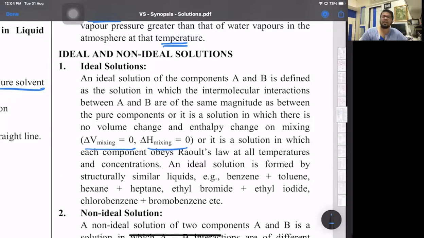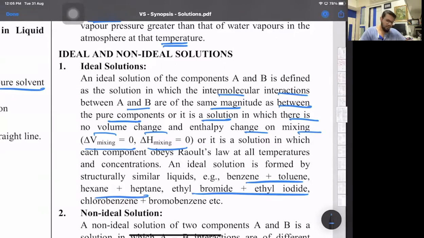In other words, the interactions between A and B are of the same magnitude as those of the pure components, with no volume change and no enthalpy change. Ideal solutions: benzene and toluene, hexane and heptane, ethyl bromide and ethyl iodide, chlorobenzene and bromobenzene. All right. In other words, there is no association and no dissociation between the solute and solvent.